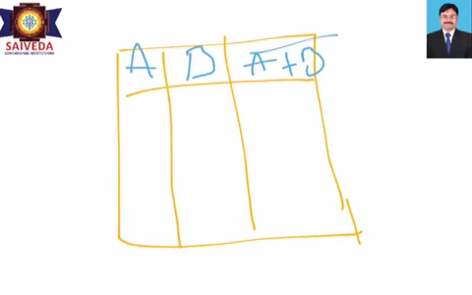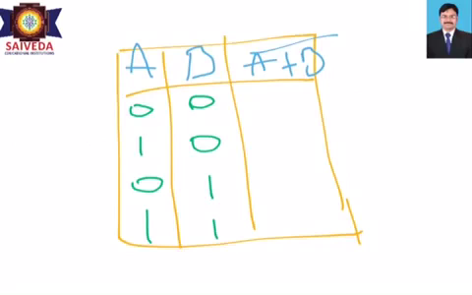Let us take the inputs for A and B as usual: 0, 0. Again 1, 0, 0, 1. Finally 1 and 1. So it is completely opposite to the OR gate.